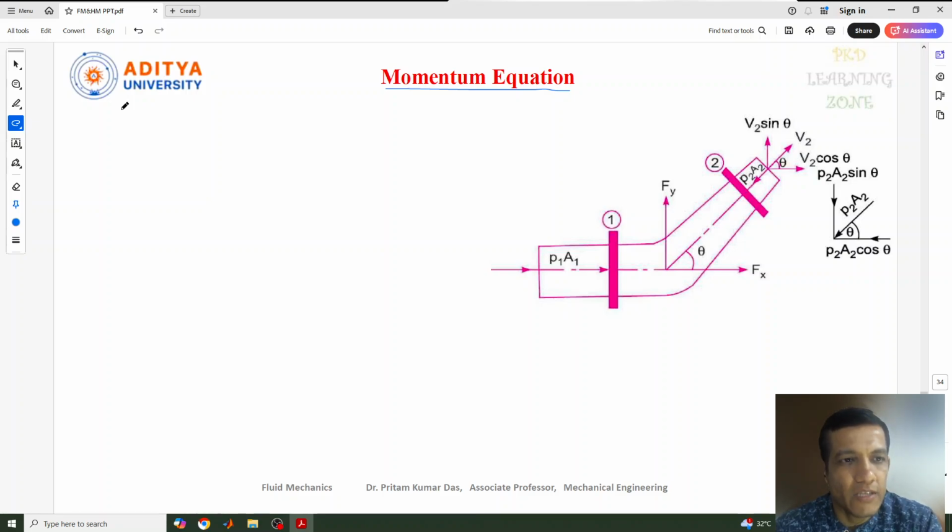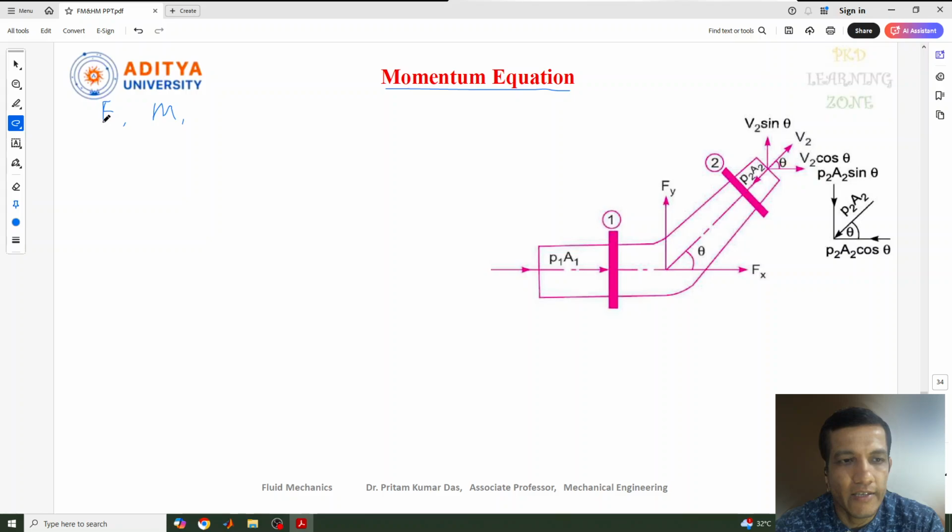And that momentum principle, or the law of conservation of momentum, says that the net force which is acting on a fluid mass is equal to the change in momentum per unit time.